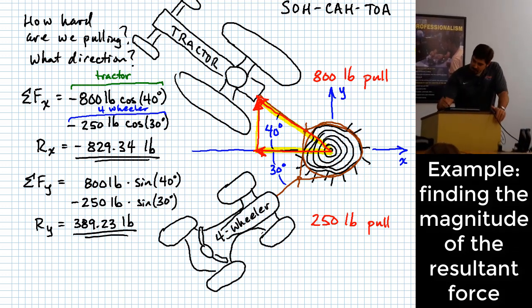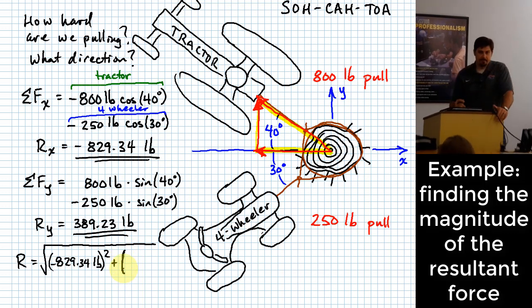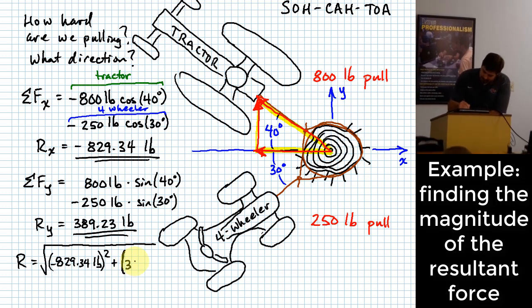If I want to find how hard we're pulling, I take the square root of negative 829.34 pounds squared. Does it matter if I put the negative on there? Not in this case, because I'm squaring it anyway. And I add to it 389.23 pounds, squared.